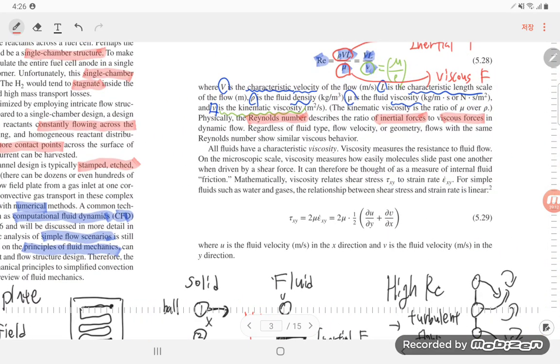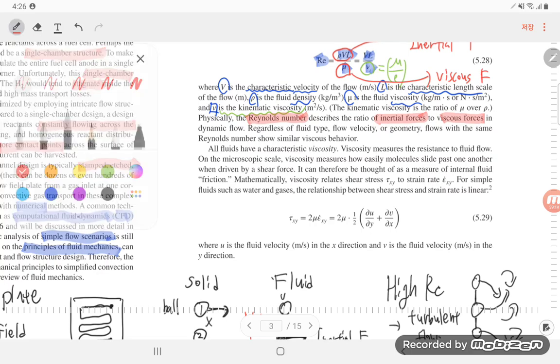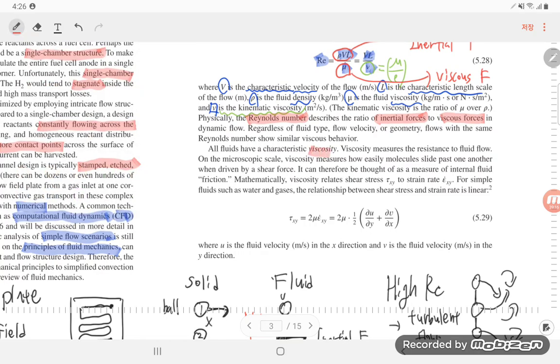All fluids have a characteristic viscosity. Viscosity measures the resistance to fluid flow. On the microscopic scale, viscosity measures how easily molecules slide past one another when driven by shear force.